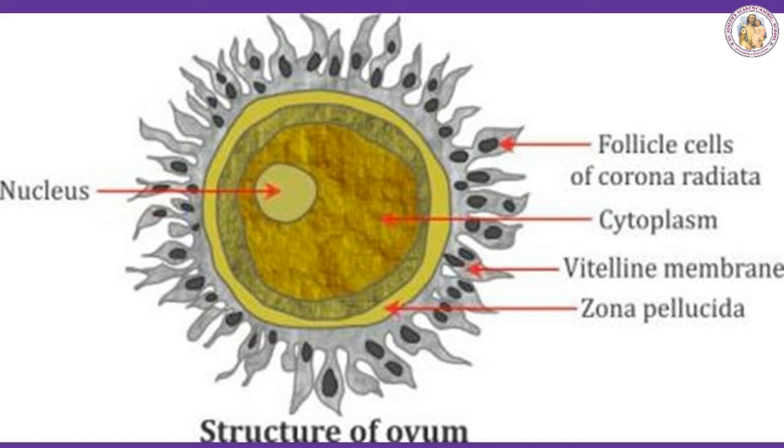The membrane forming the surface layer of the ovum is called the vitelline membrane. The fluid filled space between the zona pellucida and the surface of the egg is the perivitelline space. So this is the structure of human ovum.